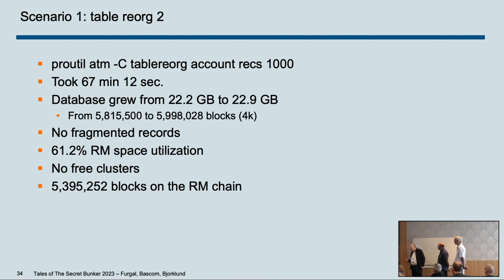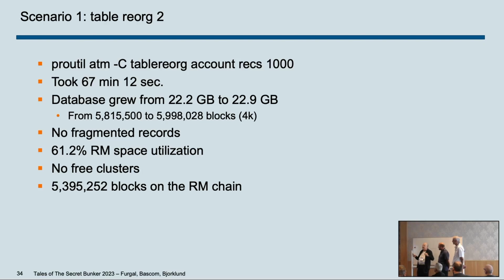Okay, then run table reorg again without touching the database between when the first table reorg ended and we do it again. About the same amount of time, roughly. Not much database growth. So now we end up with even more blocks on the RM chain.